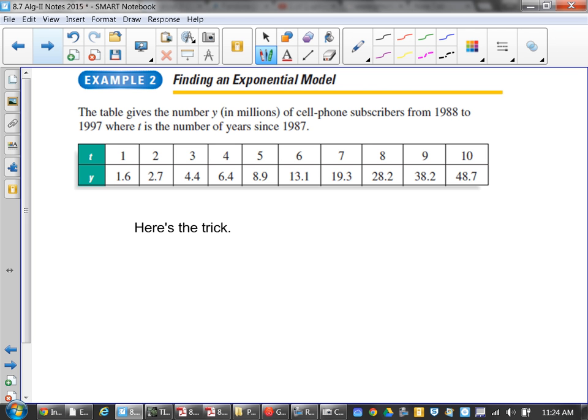Remember, depending upon the data set you're given, you could be given half a curve. It might be quadratic, you just don't see the other half of it. It might change direction someplace along the line. If it's exponential, there's a little bit of a trick that happens. So let's do an L1, L2 out of this information.